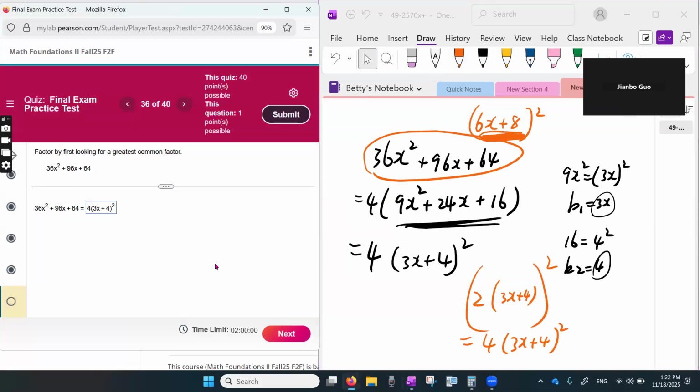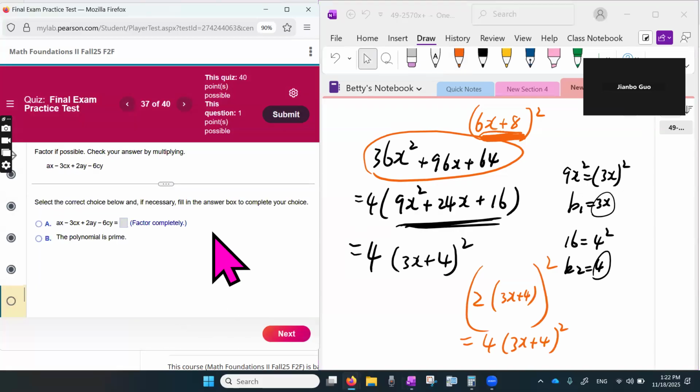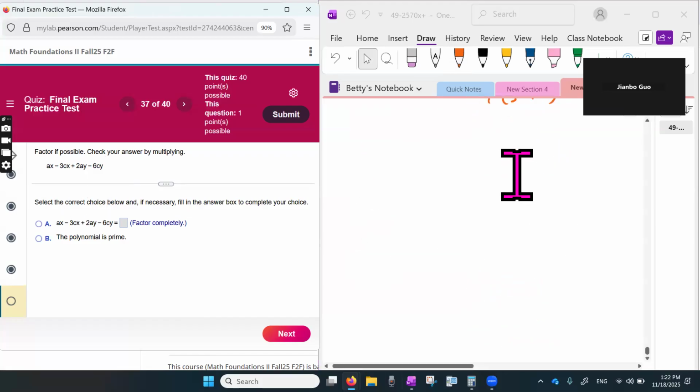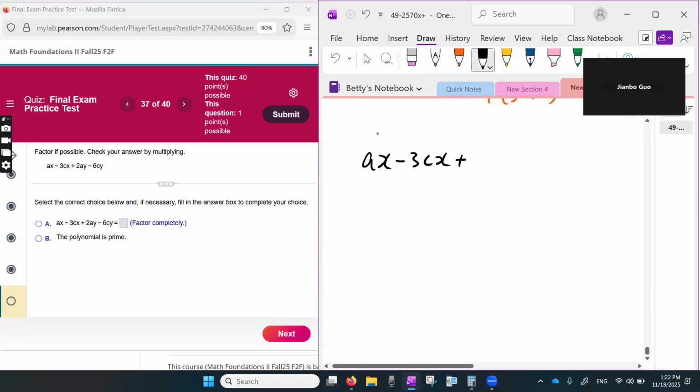Next, question number 37. Factoring by grouping. This one is factorable, because you see there's a C here, C here, A here, A here. It's not just one letter appearing in only one term; it appears in two different terms. AX minus 3CX plus 2AY minus 6CY. Group.